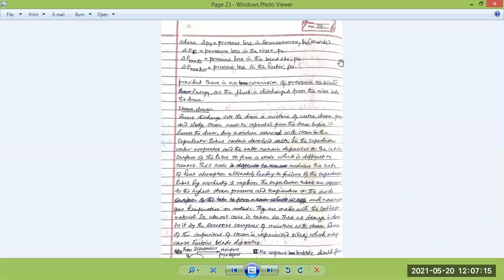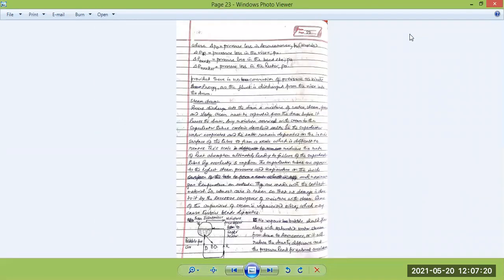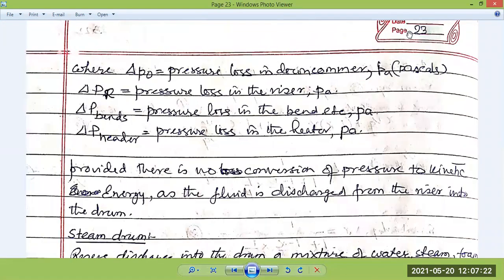Here delta P d stands for pressure loss in the downcomer in Pascals, delta P r the pressure loss in the riser, delta P bend the pressure loss in the pipe bends, and delta P heater the pressure loss in the heater.